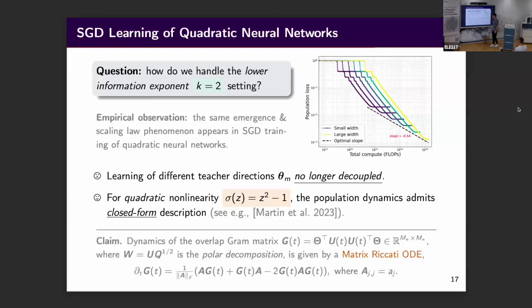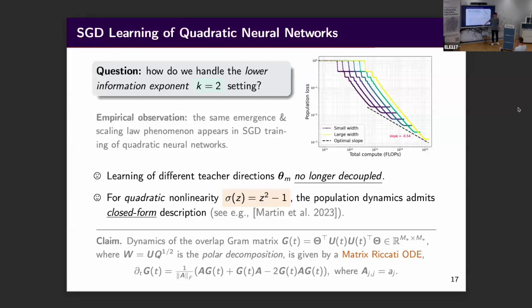Here's an example. Let's say I want to track the overlap between the subspace of my teacher network and the student network. My teacher spans an M star-dimensional subspace, and I can define this overlap Gram matrix to essentially measure how much these two subspaces overlap. Then the evolution of the subspace is given by this Riccati differential equation, which makes sense because it's a quadratic neural network.